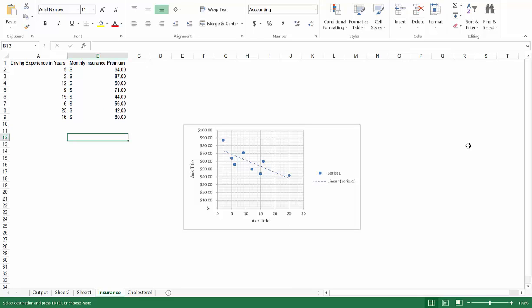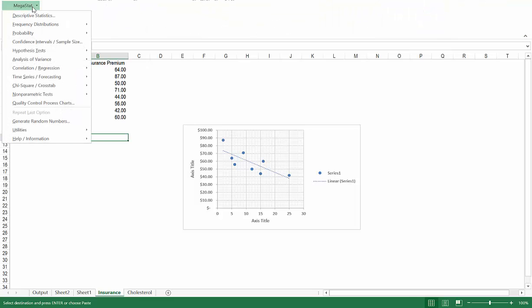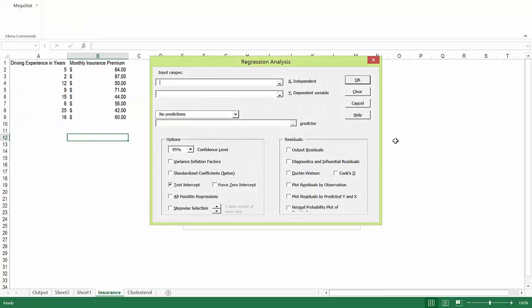Now what we can do with this data as far as regression is concerned is we can actually develop a prediction equation. So this is how that works. I'm going to go over to the add-ins and go to MegaStat. I'm looking at correlation and regression, and then I'm going to click on regression analysis. So it's asking me for the independent variable.